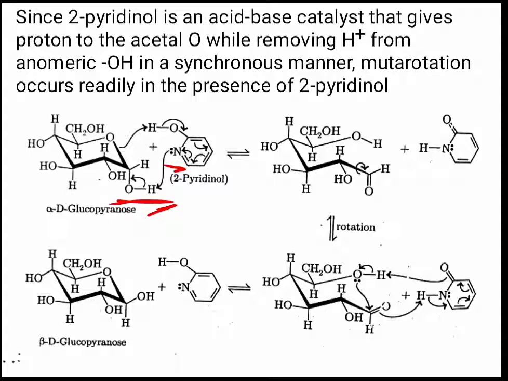Then this OH bond will be broken, this oxygen minus will give its electron to this C-O single bond and it will make C double bond O. Simultaneously this bond will be broken and this oxygen will take a proton from this OH group of the 2-pyridinol. So all of these things are happening simultaneously.